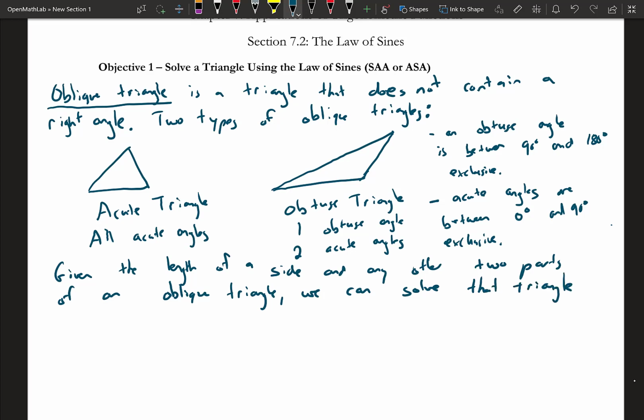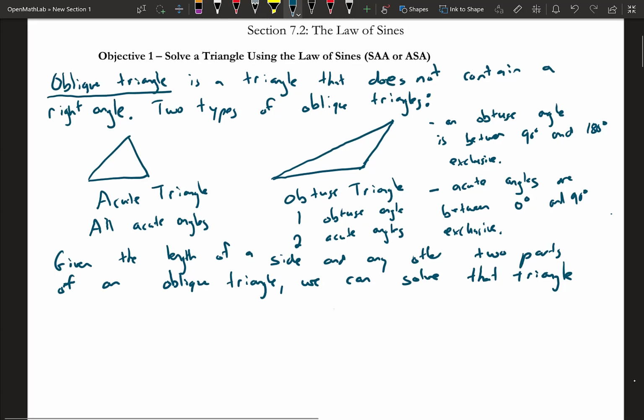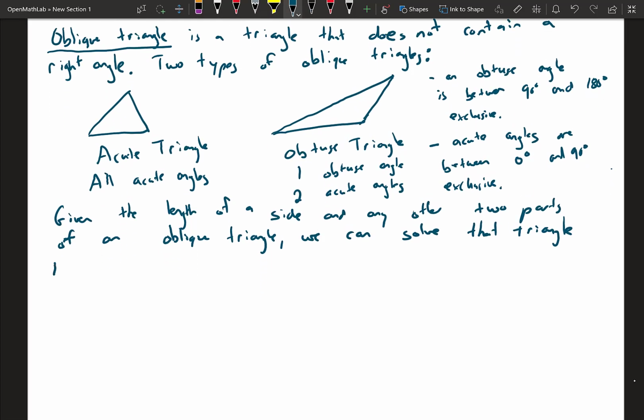Solving that triangle means you're able to find all the angles and all the side lengths of the triangle. That's what we mean by solving. You're finding all the parts, all the measurements. When we have these, we actually have four distinct cases.